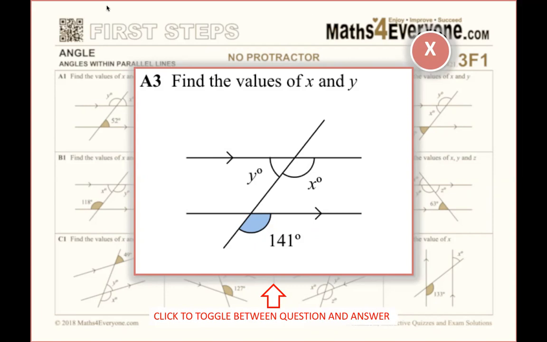Okay, Celeste, what do you get? X is 141 and Y is 39. Thank you. So X is 141, like Elijah and Celeste said, because of the F-shaped angle, and Y is 180 minus 141 because Y and X is a straight line.